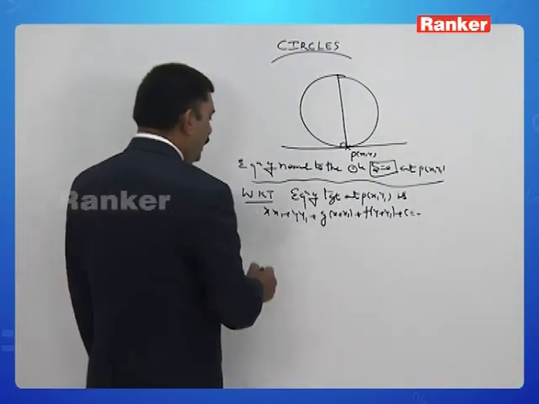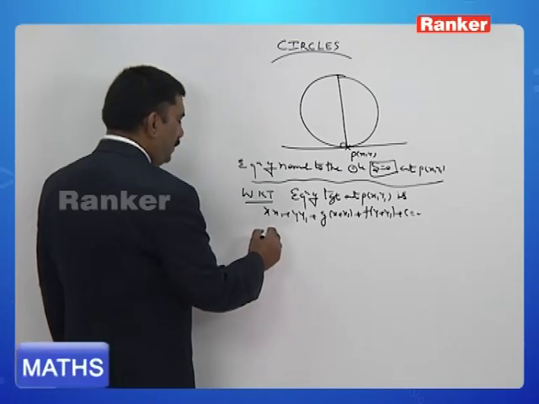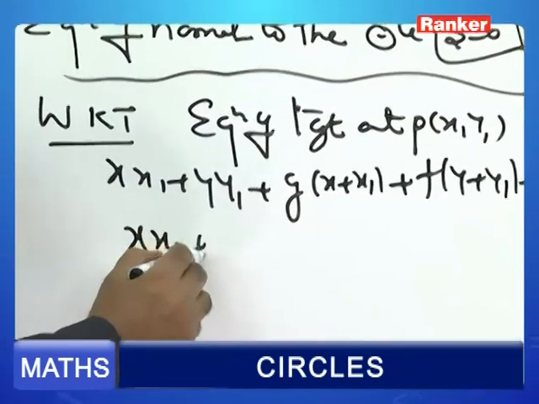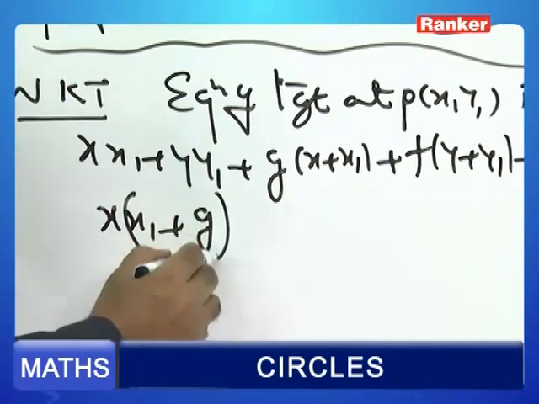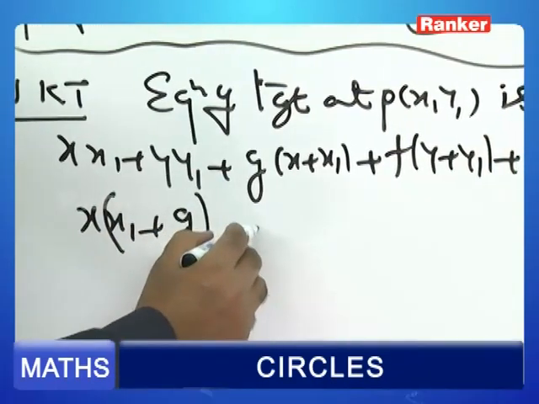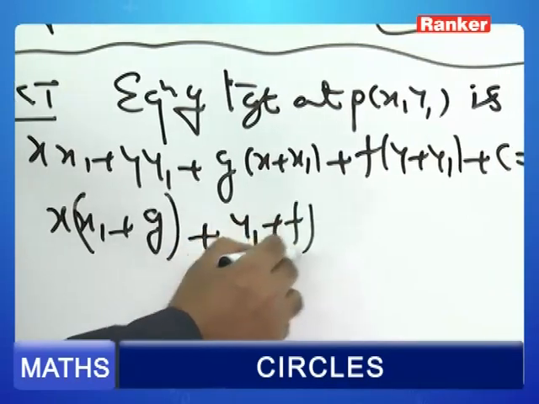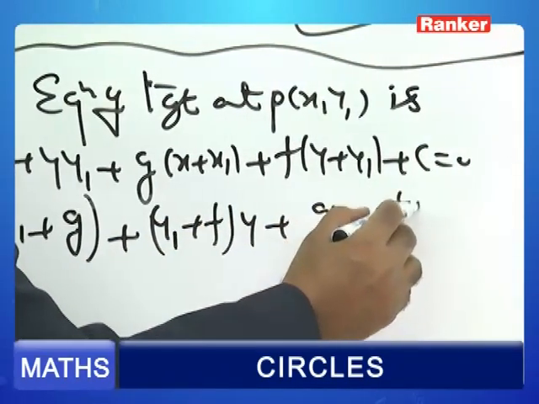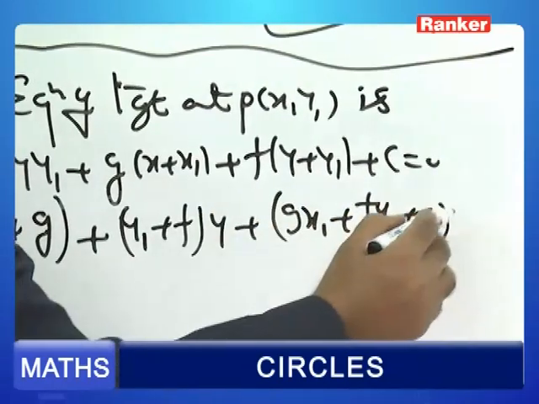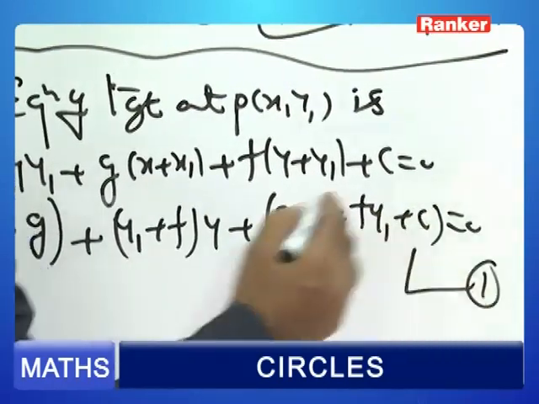So I can write this as xx1 plus yy1 plus gx plus fy, and the remaining is gx1 plus fy1 plus c is equal to 0. Call it 1.